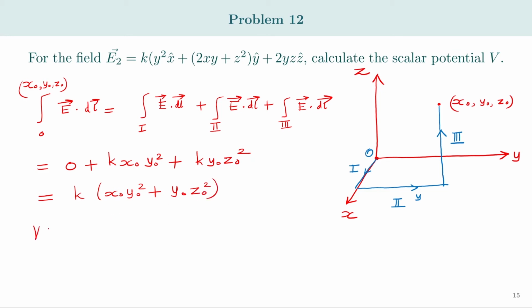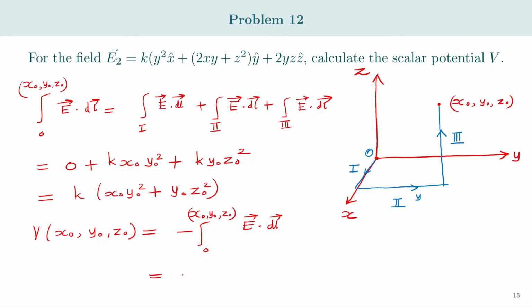And the scalar potential is given by V(x0, y0, z0) equal to negative of the integral from 0 to (x0, y0, z0) of E dot dl.